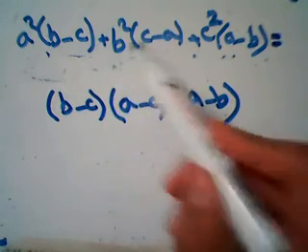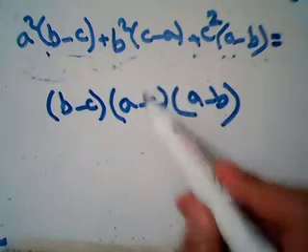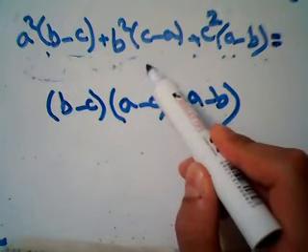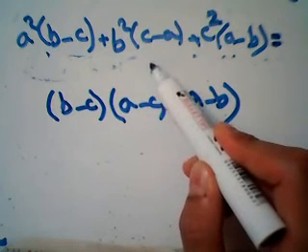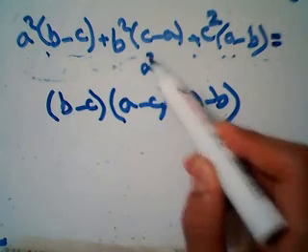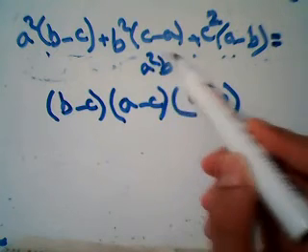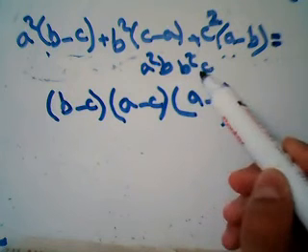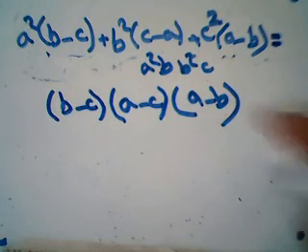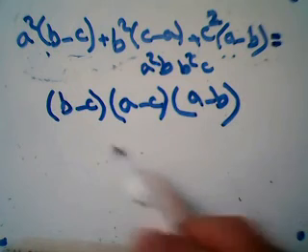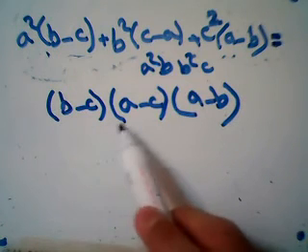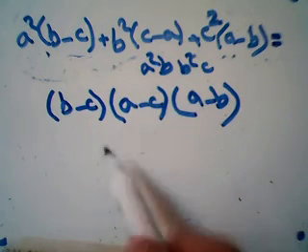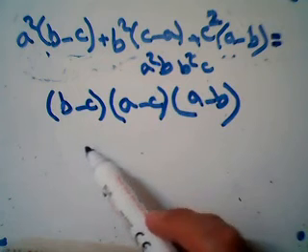The terms of this are in this form, or b squared c, something like that. And the terms of this also are in this form.